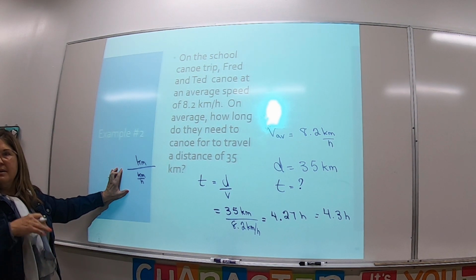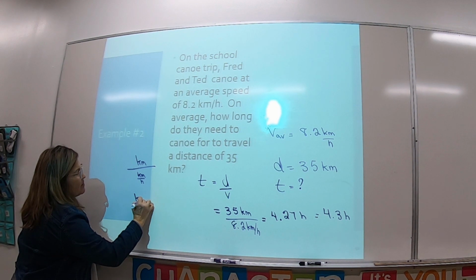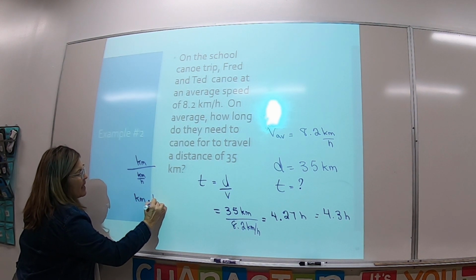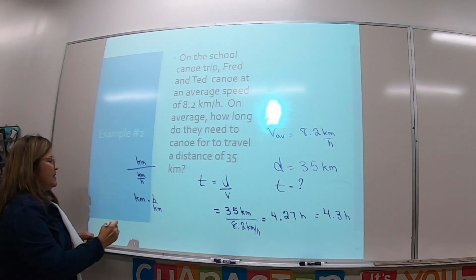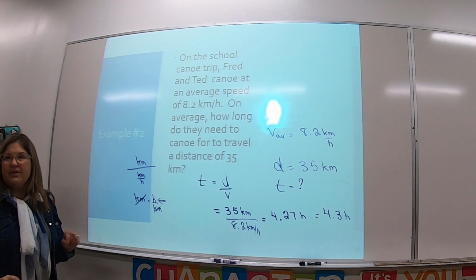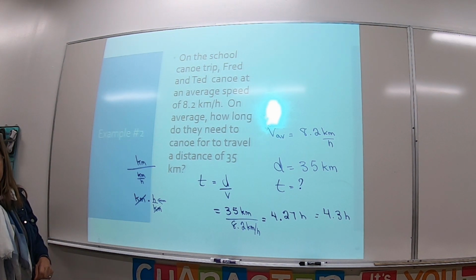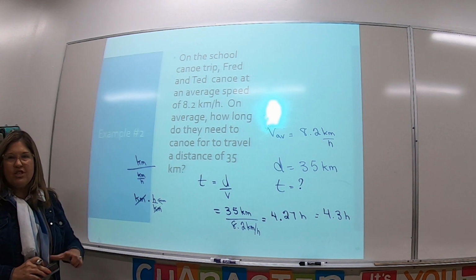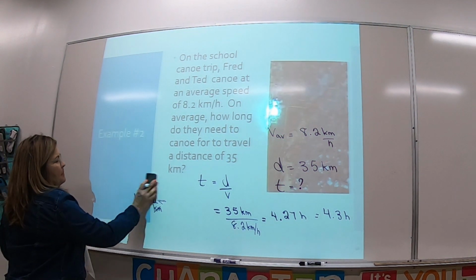Multiply by the reciprocal. So this is the same as kilometers times hours over kilometers. Perfect. The kilometers cancel, and I'm left with the time unit. Okay, so that is what's happening there. Questions?